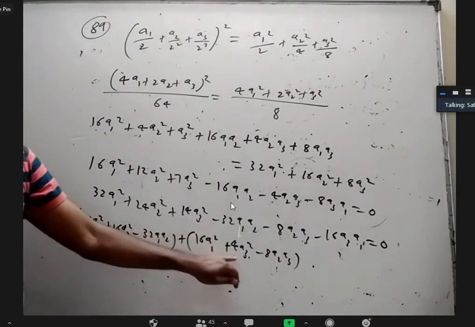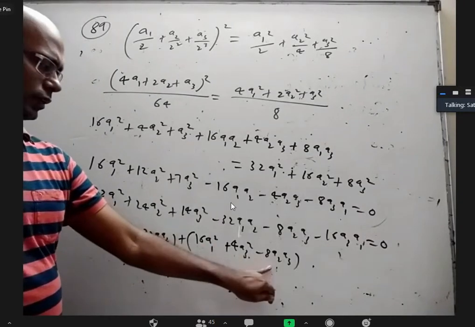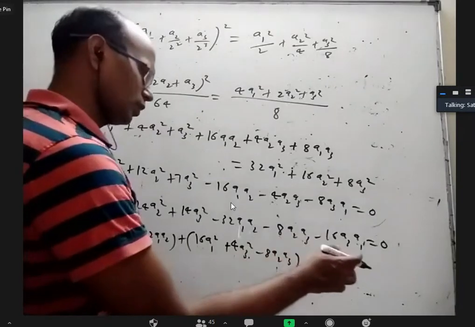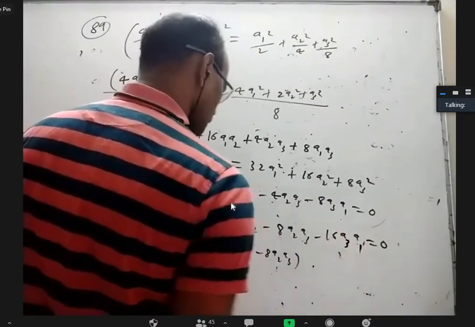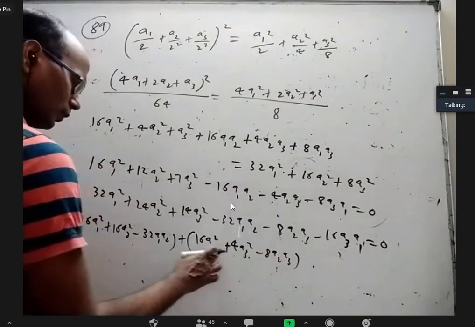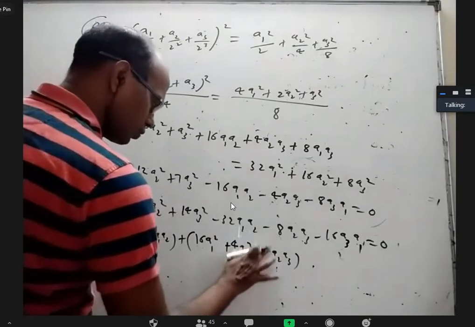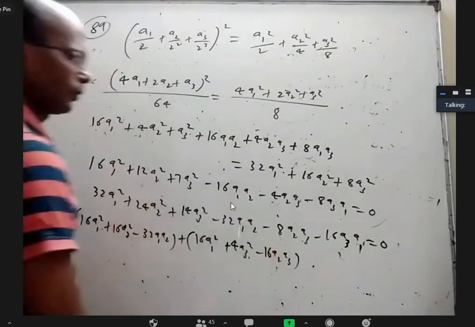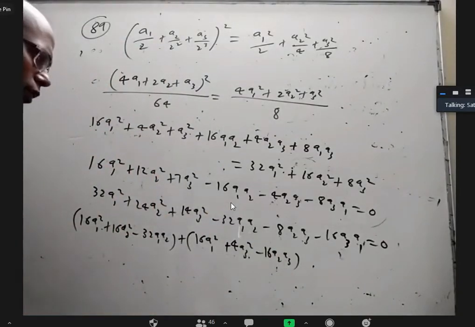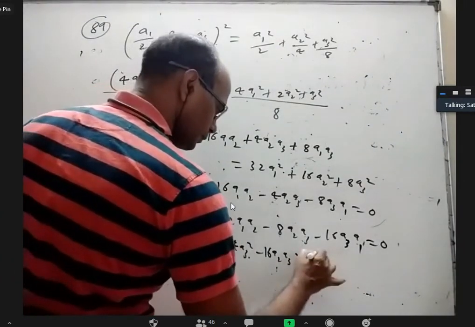Purposely out of this I want to borrow one 4 a3 square, because 2 into 4 a1 into 2 a3 will be 8 a1 a3. What I need for a1 a3 is 16, so this is 4, this is 2, 8 to 16. Yeah, this is 16. Okay, so I'm able to use this completely. Now let us see what is left.